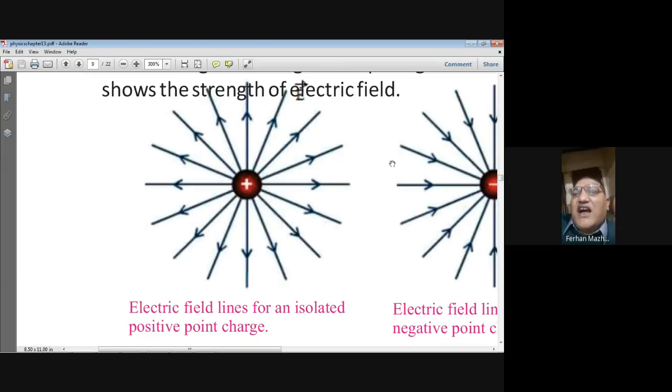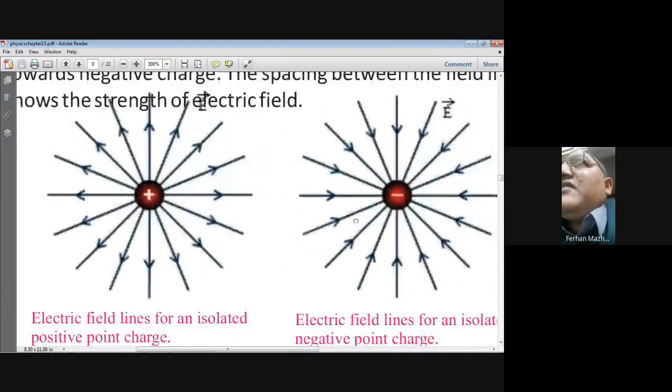So from the positive charge, there are imaginary lines which we use to explain its behavior. These imaginary lines are known as electric field lines.